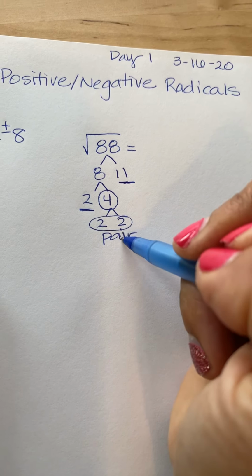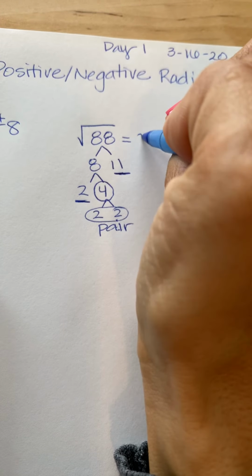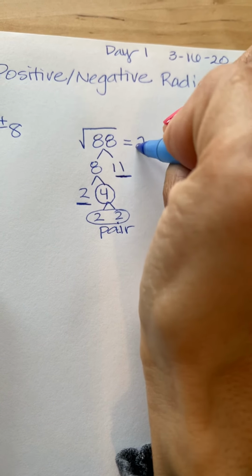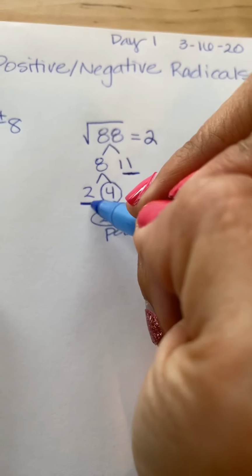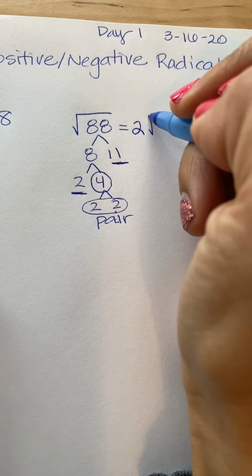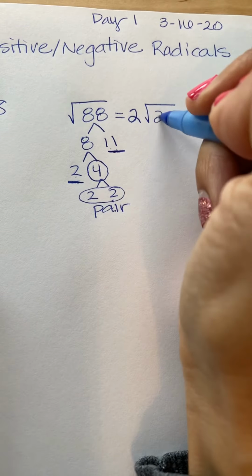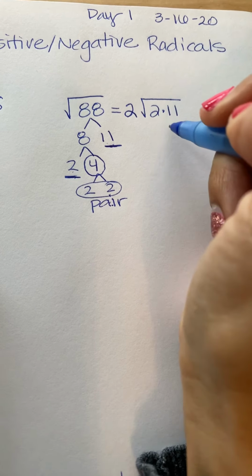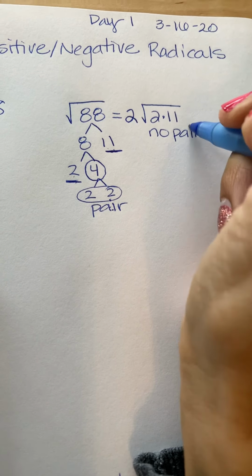So the number of the pair, which is 2, is the integer, and the numbers that do not have a partner will stay within the radical and get multiplied. So 2 times 11, because these do not have a partner, no pairs. They become 2 times radical 22.